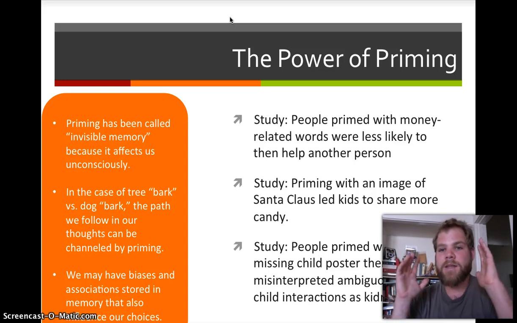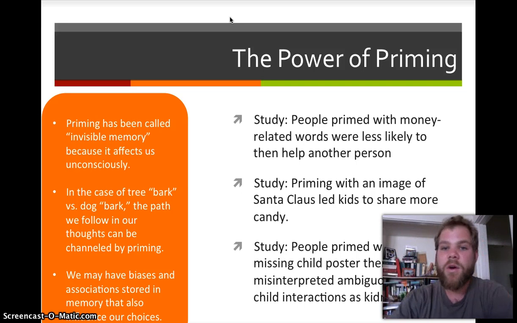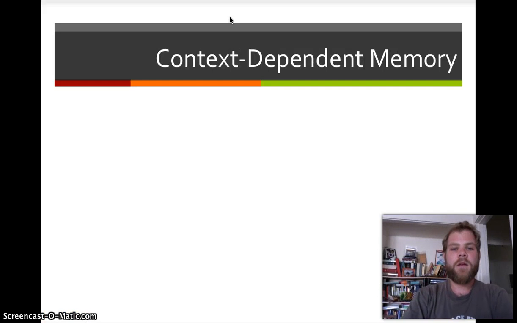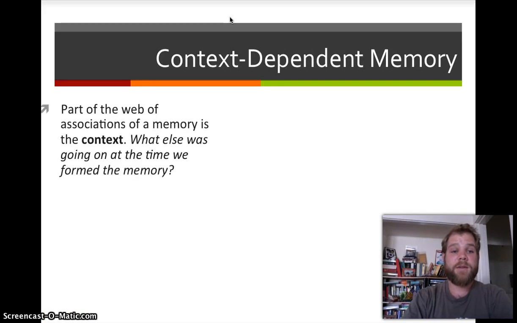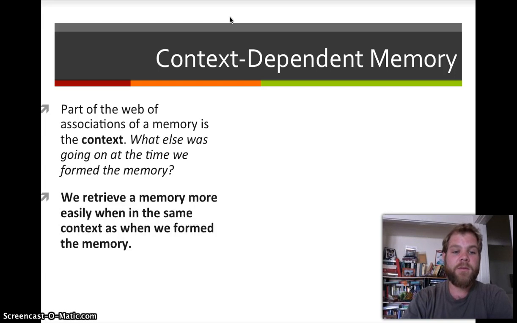Wherever your mind is in the moment, that determines how you'll encode the memory, or what memories you're retrieving in the moment as well. So with that being said, memory is largely context dependent, meaning that part of the web of associations of a memory is the context. What else was going on at the time we formed the memory?